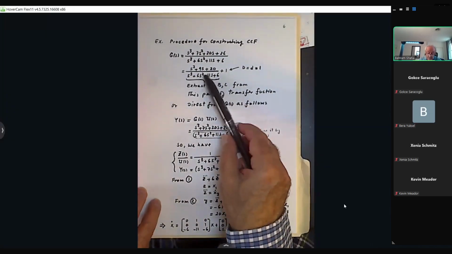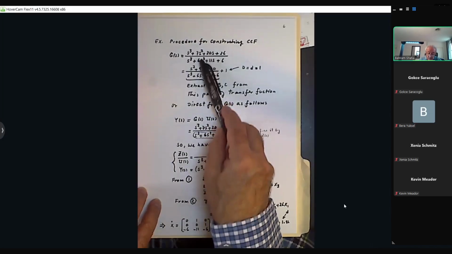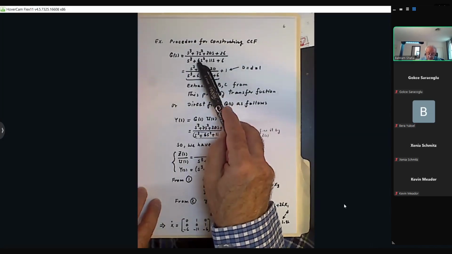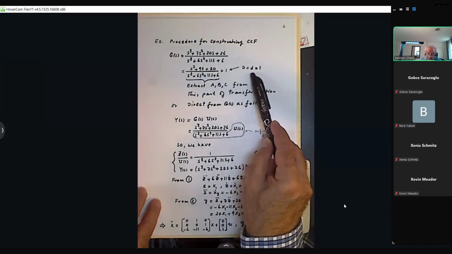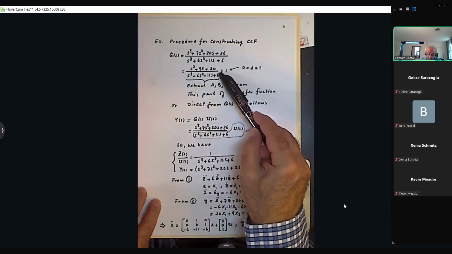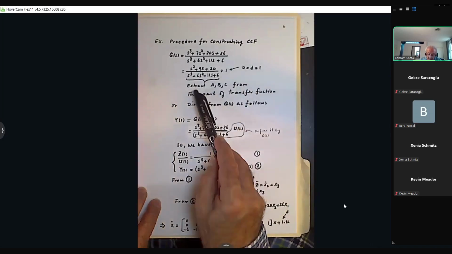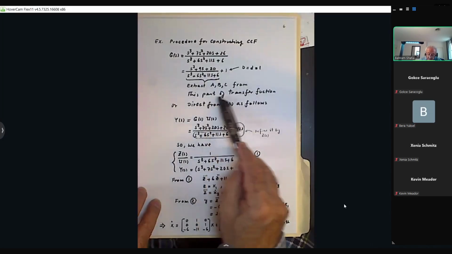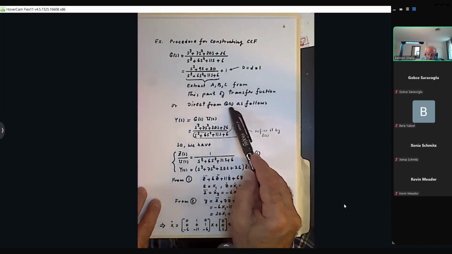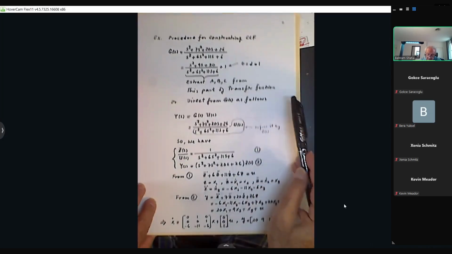Here is a simple example that you have polynomial equal in the numerator and denominator. First, you divide to find out that D term. Then you exclude this one for the rest of the calculation of ABC. So ABC from this part of the transfer function, or direct form G of s, can be obtained as follows.